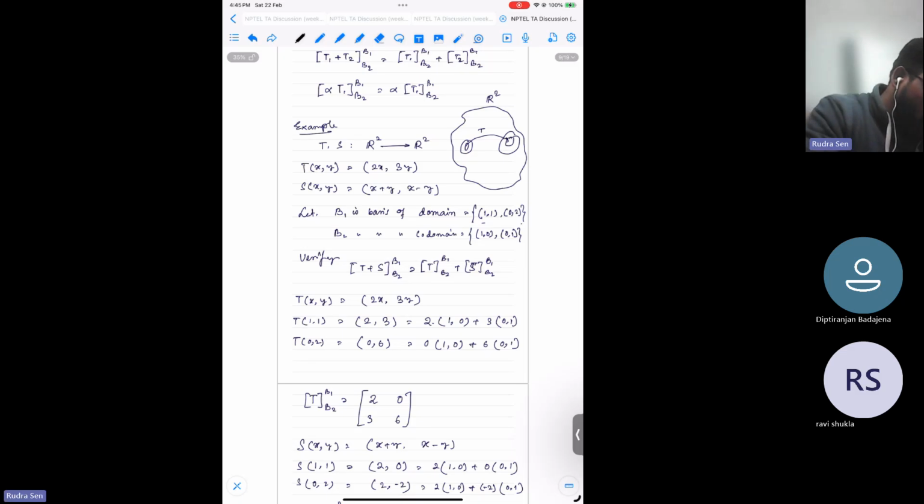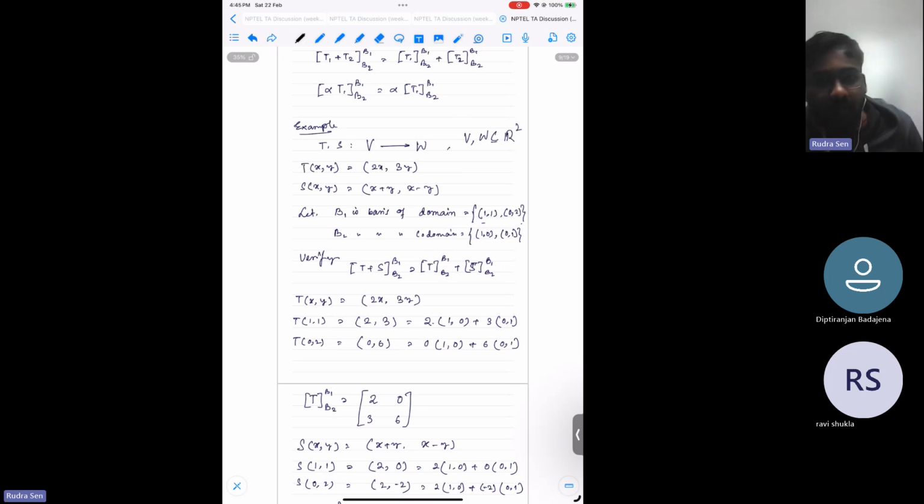It's better I write it like this: V to W, where V and W are subspaces of R2. I think this is much clearer. V is the domain, W is the codomain, but both are in R2 space.